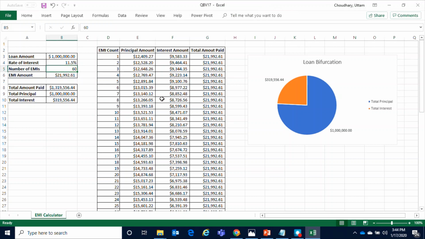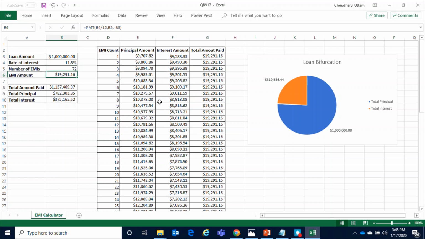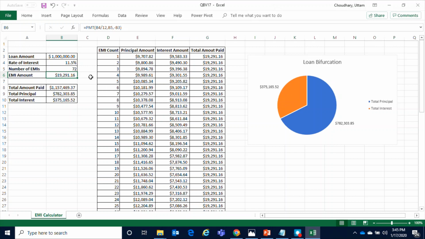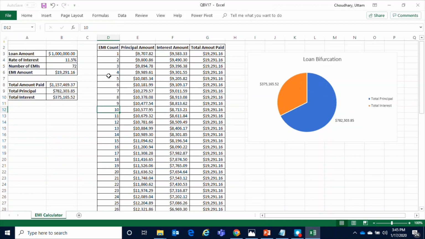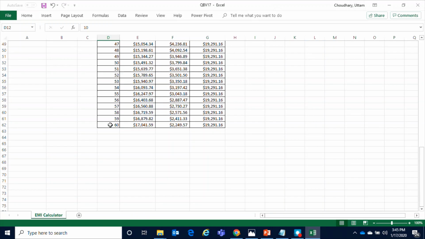You say, oh okay, I would want to pay this for 72 months, which is like 6 years. So I would change this to 72 months. You would automatically see that the EMI amount gets reduced, and the graph gets reduced as well. But this number doesn't seem okay because right now we have the chart only till 60.